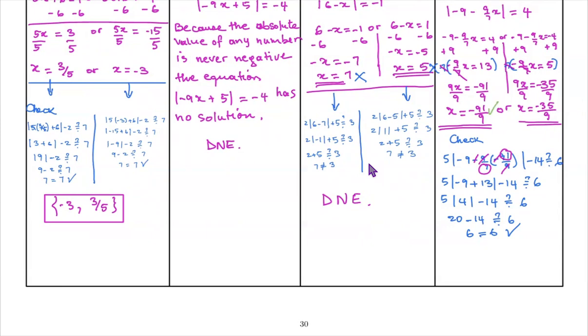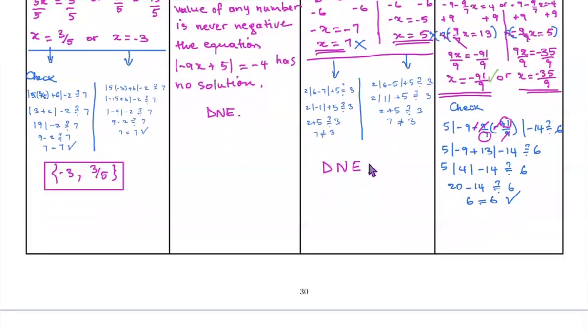So this one checks. We're going to try to do the same thing for x equals negative 35 over 9. So that's 5 absolute value of negative 9 minus 9 over 7 times negative 35 over 9 minus 14, is it 6?